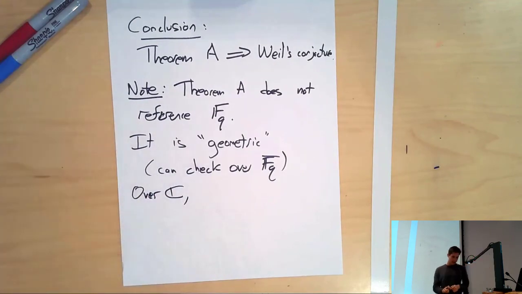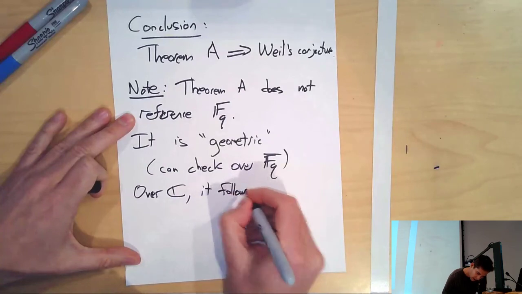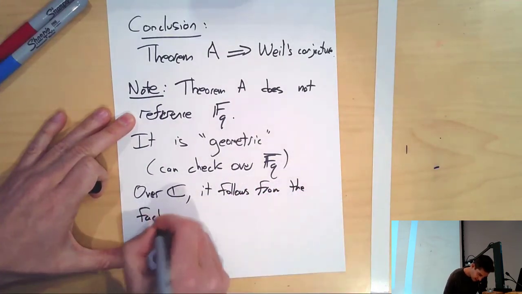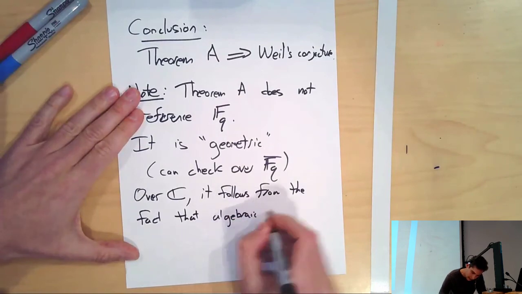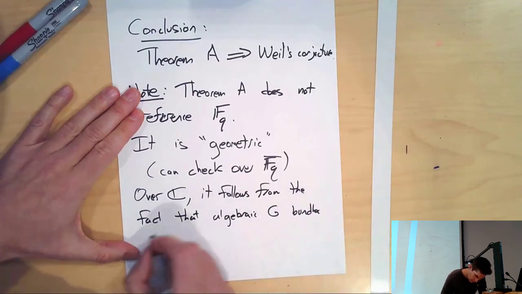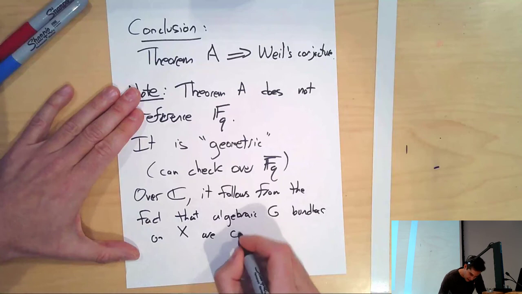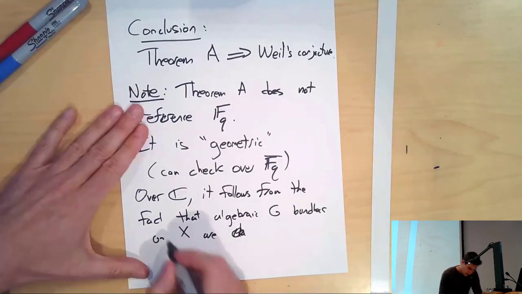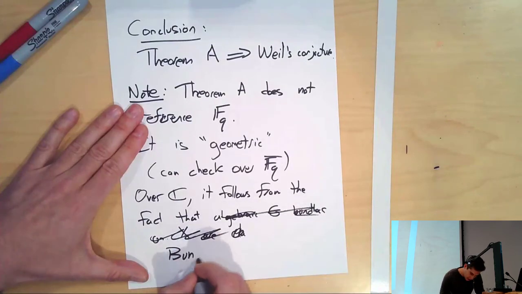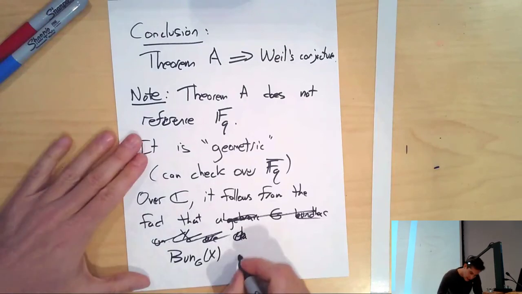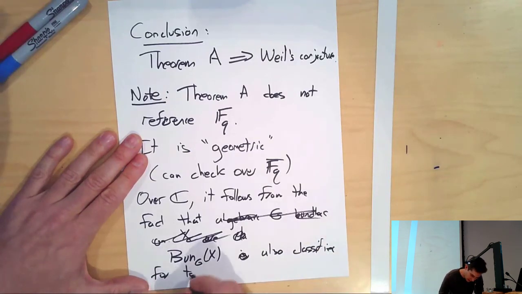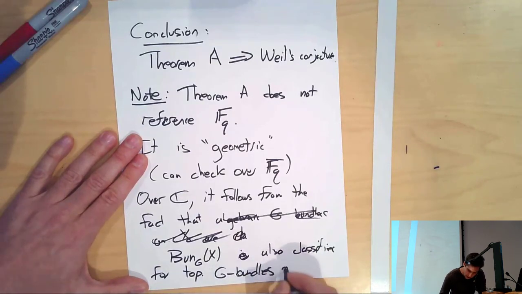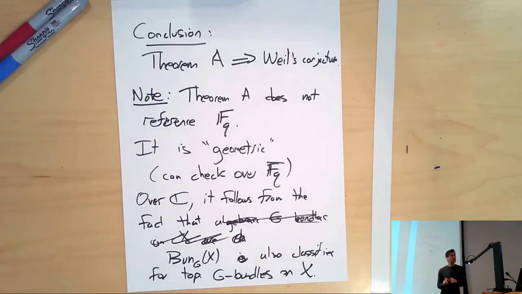So over C, well, let's say it follows from the fact that Bun_G(X), which classifies algebraic G-bundles on X, is also a classifying object for topological G-bundles on X. In other words, it follows from the fact that complex analytically, G-bundles on a curve satisfy an h-principle.